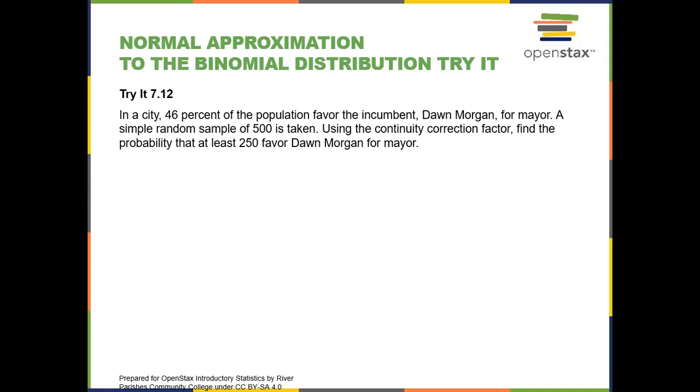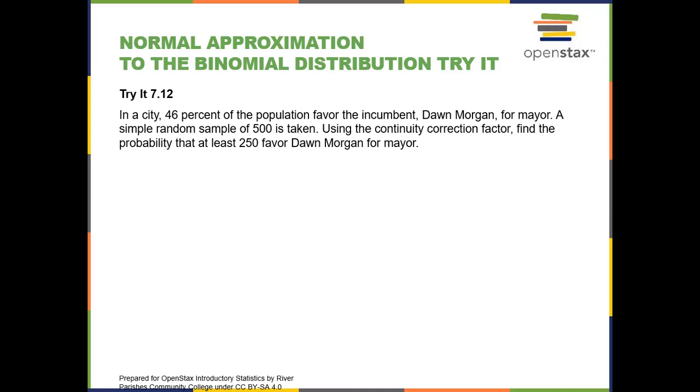Remember, 46% is 0.46, so 500 multiplied by 0.46 is 230, greater than or equal to 10. Then 500 times (1 minus 0.46), the probability of failure, is 270. Both of them are greater than or equal to 10, so you can use the normal approximation to binomial.